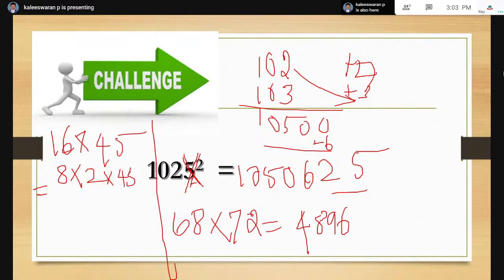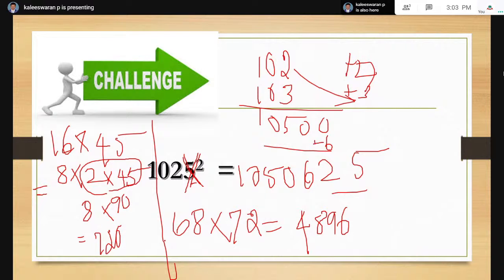Now 2 into 45 equal to 90. Then 8 into 90 equal to 720.